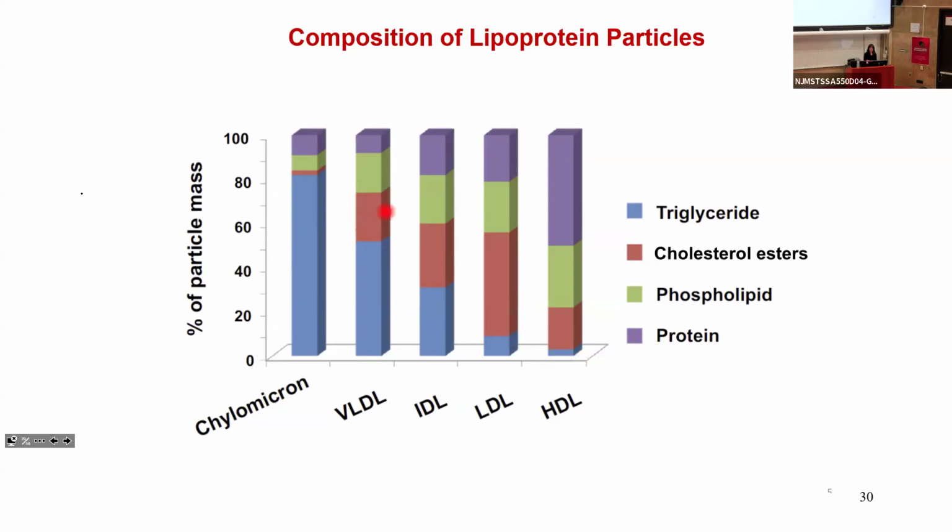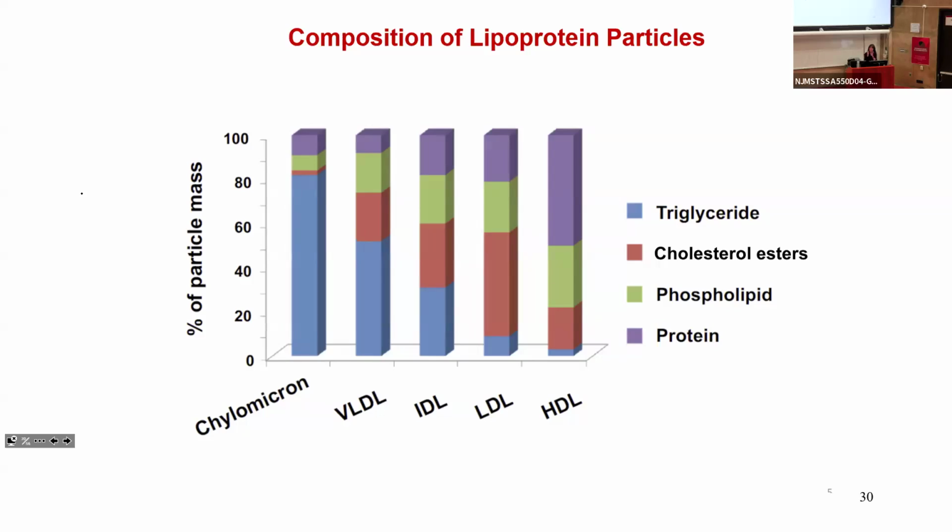Cholesterol esters is the maroon. When we look at the different pillars here, the maroon cholesterol esters is greatest in LDL, right? And the thinking is that cholesterol is the culprit for causing plaques. Maybe you heard that, atherosclerotic plaques.